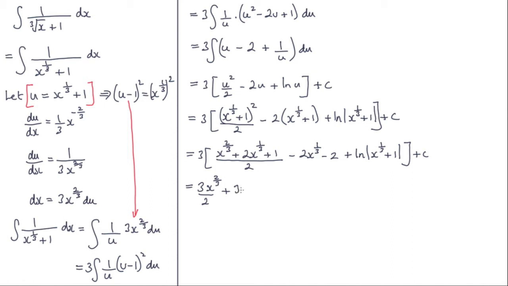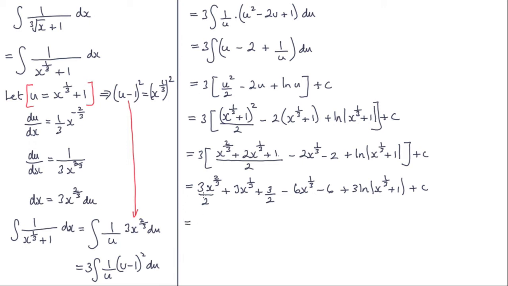So I'll have 3x to the power of 1 over 3, plus I've got 3 over 2 here, minus multiplying this, I'll get 6x to the 1 over 3, minus 6, plus 3 log of x to the 1 over 3 plus 1, plus the constant of integration.